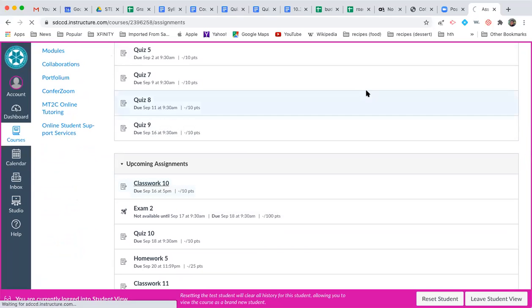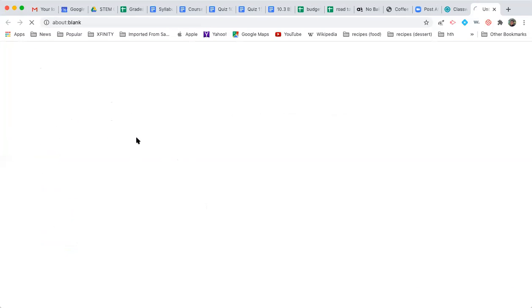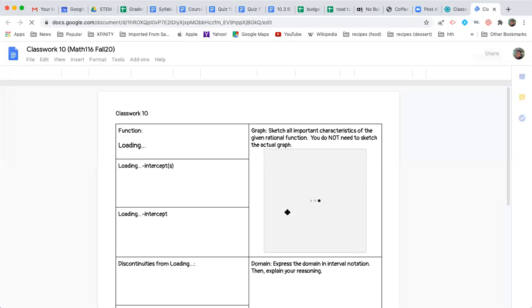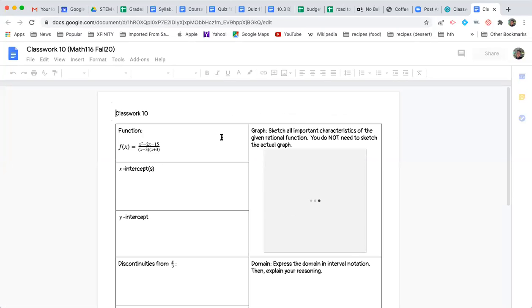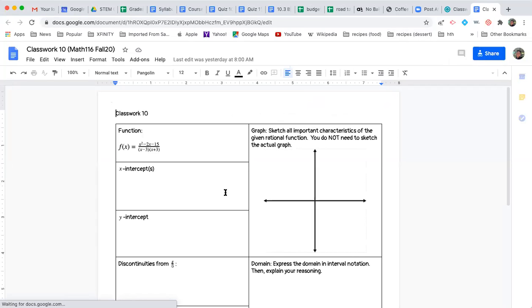You're going to click on classwork number 10, and when you click here, it should bring you to a Google Doc, right? See how many folks are on there right now. No one. Okay. Is everybody able to find the, oh, there you all are, classwork number 10.